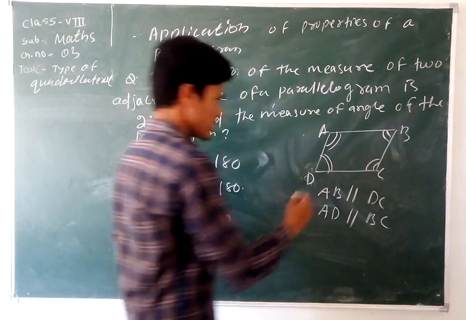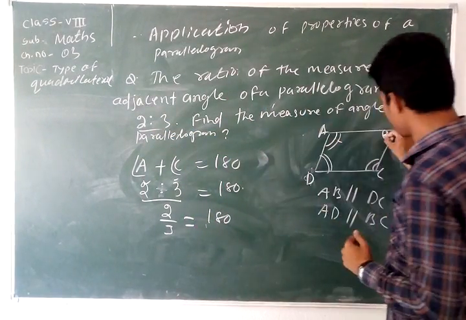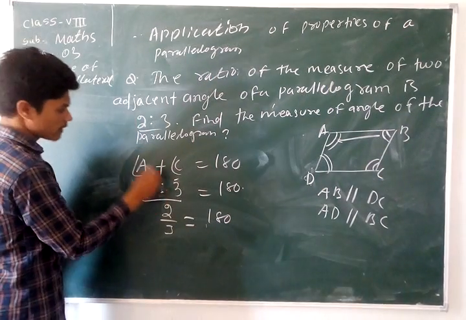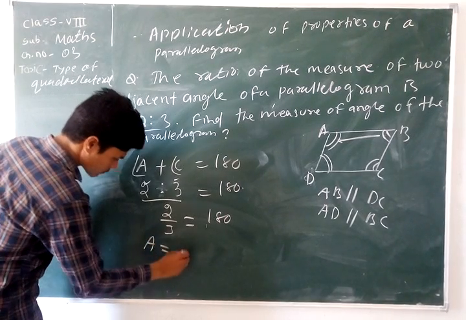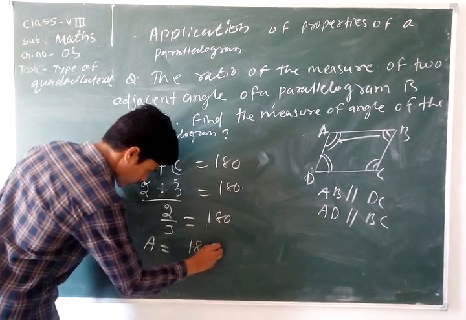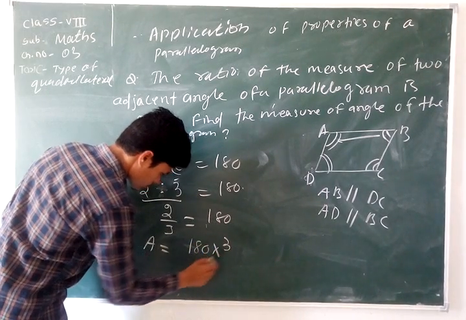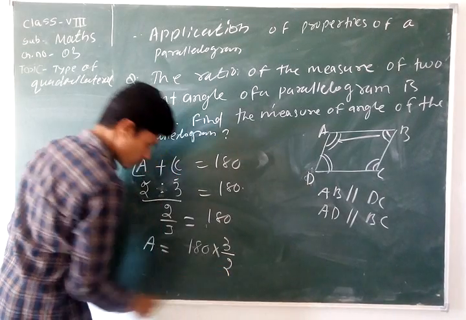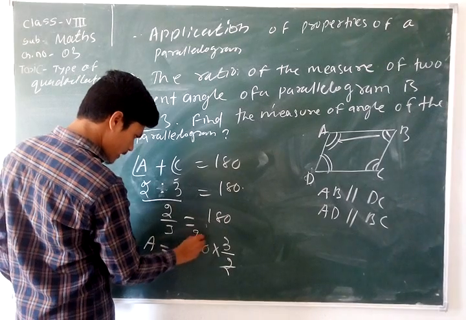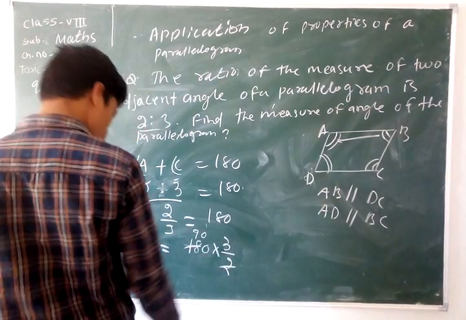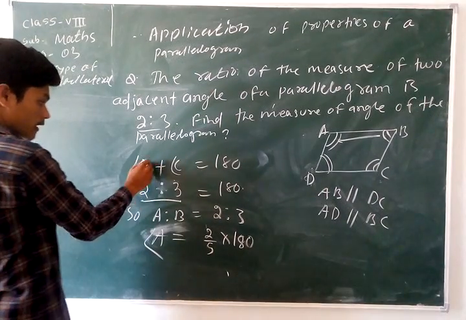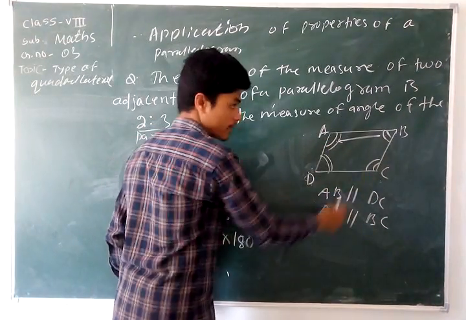Suppose we take two adjacent angles, this angle and this angle. Then you can find the two angles. Here angle A plus angle C equal to 180 degrees, and the sum is the common entity.